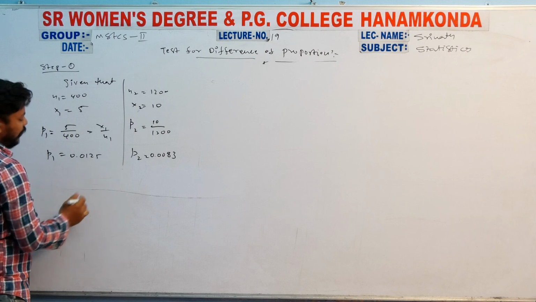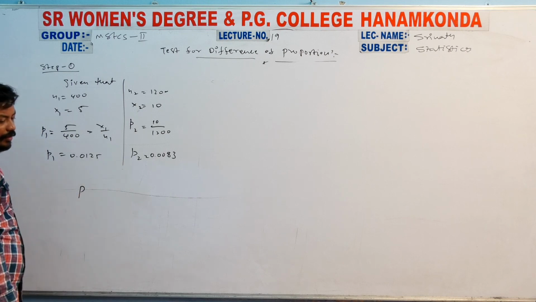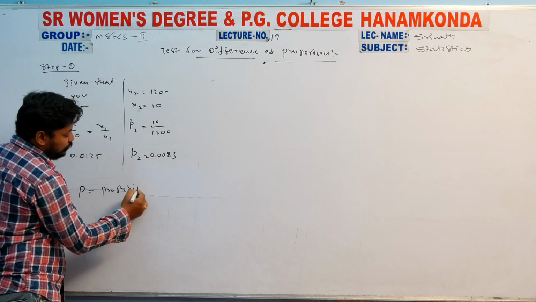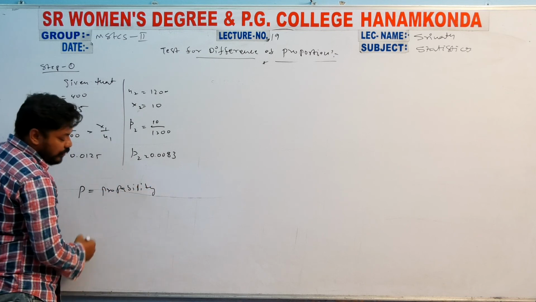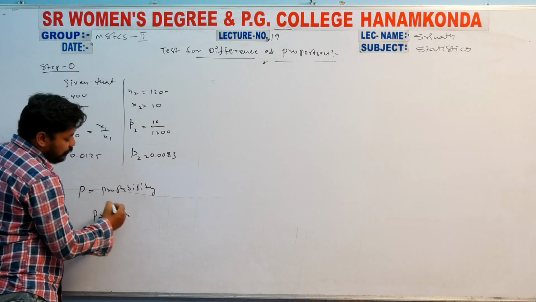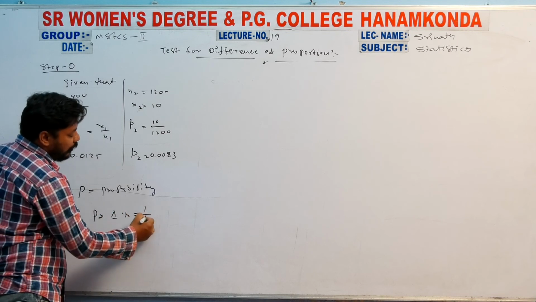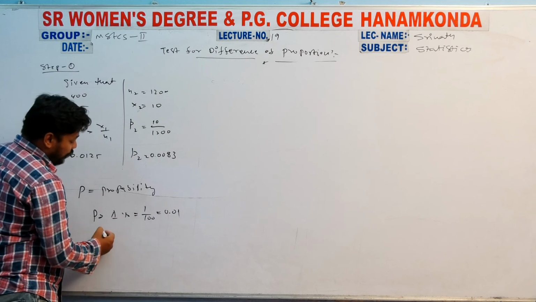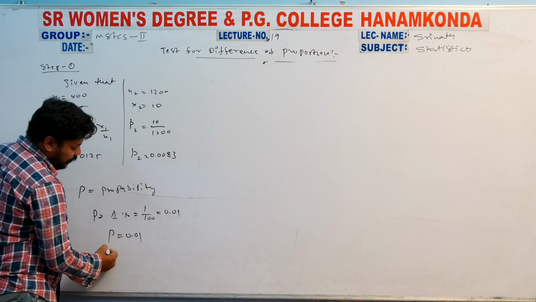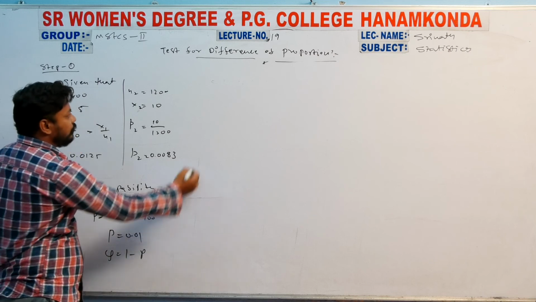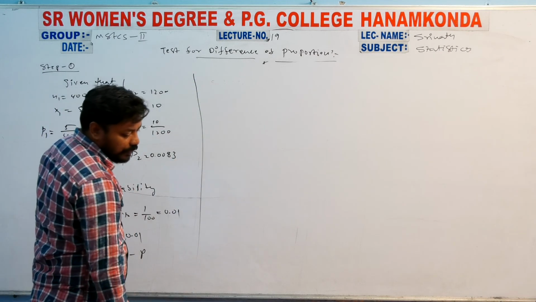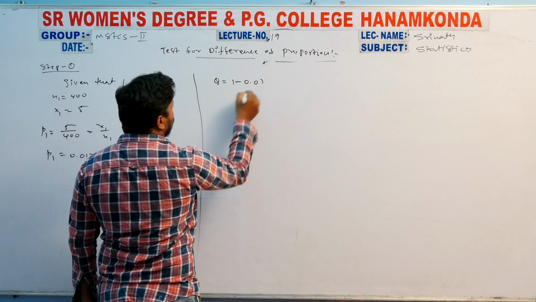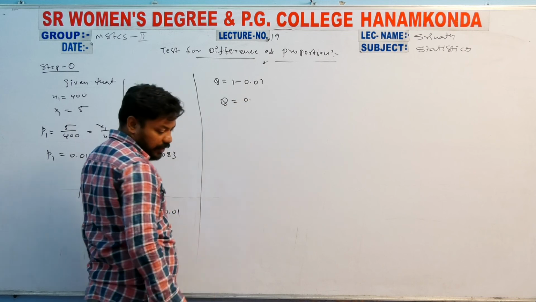And capital P, the probability of getting TB, is equal to 1%. 1% is equal to 1 by 100, which is 0.01, so P is equal to 0.01, and Q is equal to 1 minus P, so Q is equal to 0.99.